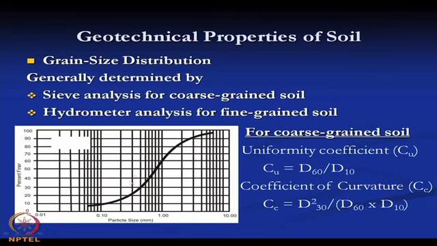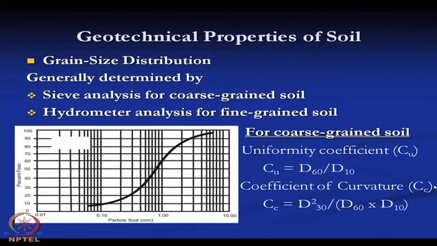From this curve we can determine the particle size for 60% fineness and for 10% fineness. If we know these two values from the graph, then we get the uniformity coefficient of the soil.